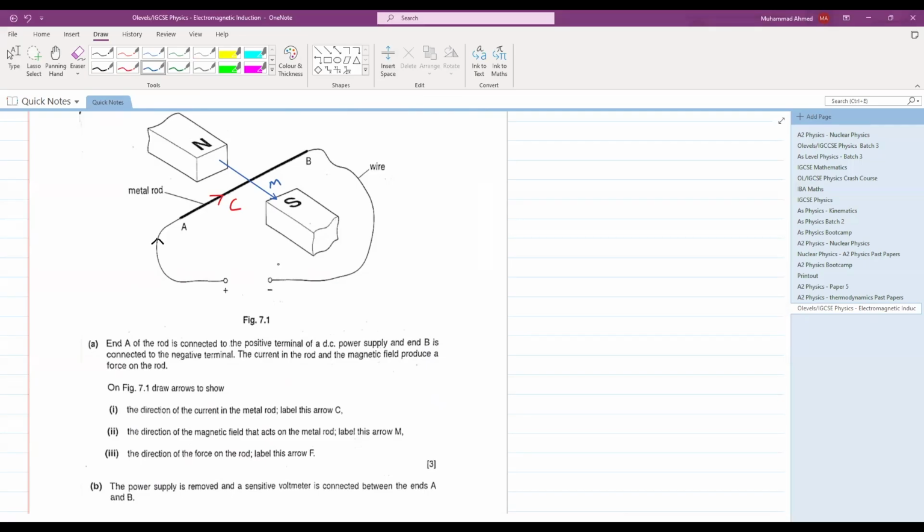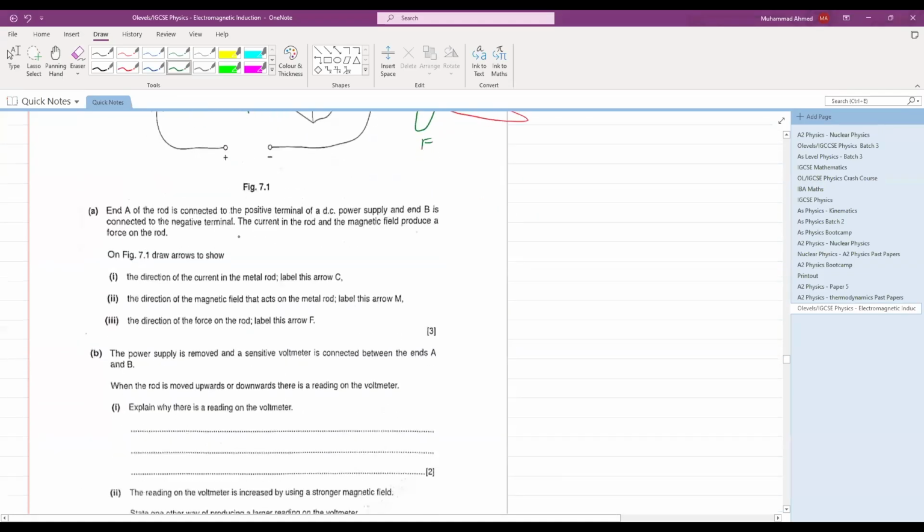Very easy. Now let's move on to the third part. The direction of the force on the rod, label this F. Okay, so how will you calculate the direction of force? Magnetic field is outward, current is inward, the direction of force comes out to be downward like this. We have to label this F. So something like this. This is your force F.